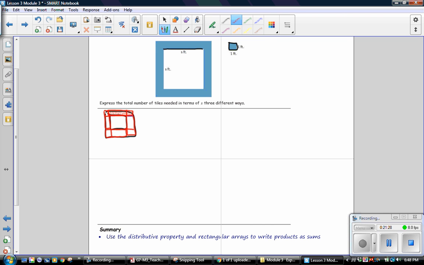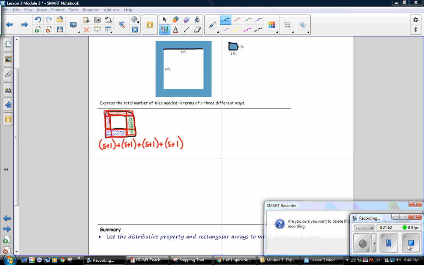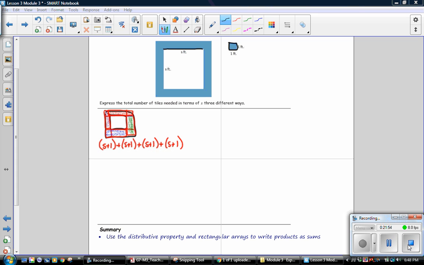This represents s plus 1, s plus 1, s plus 1, and s plus 1. So our first expression will be s plus 1 plus s plus 1 plus s plus 1 plus s plus 1. Another way that we can write that is 4 times the quantity s plus 1.